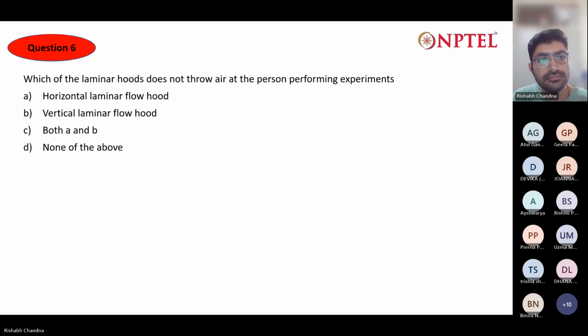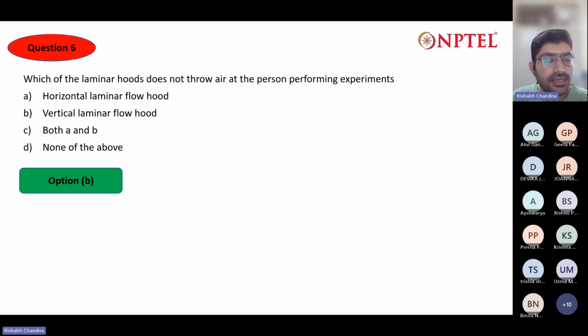Option B. I think B. Option C. Okay, sir, C. Okay. Any more answers? The correct answer is option B.